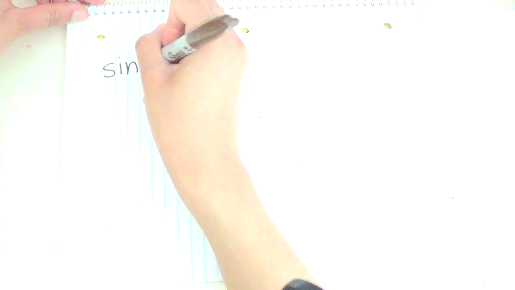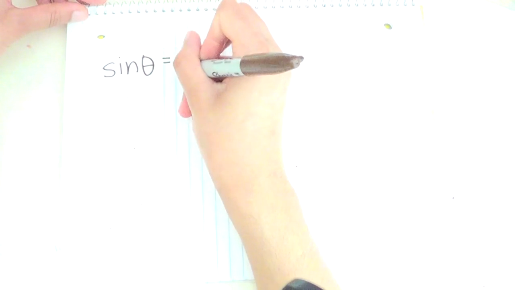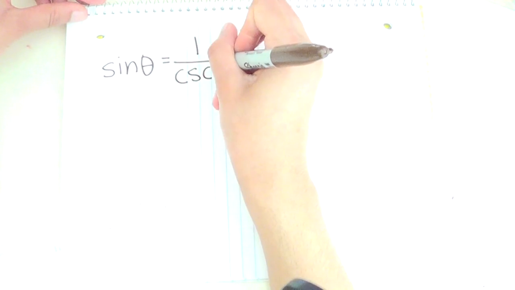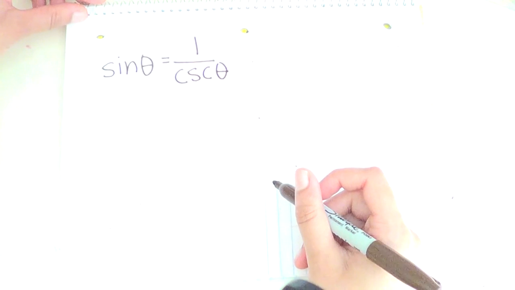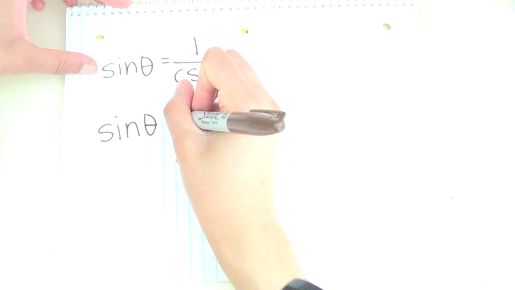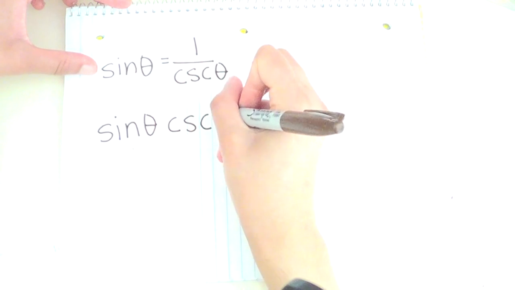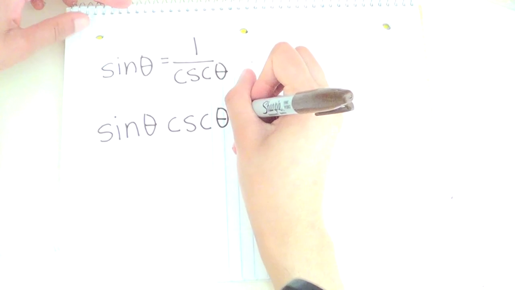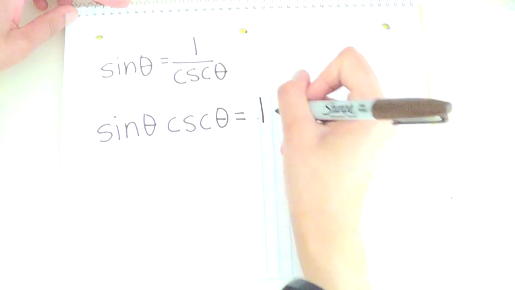So then, if we know that sine theta equals 1 over cosecant theta, then if we do sine theta times cosecant theta, it would equal 1.